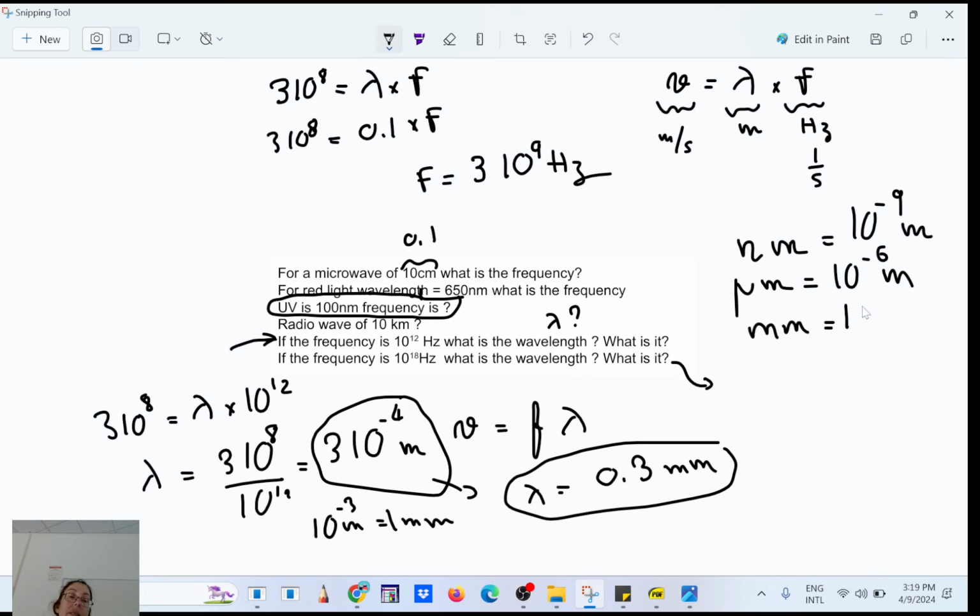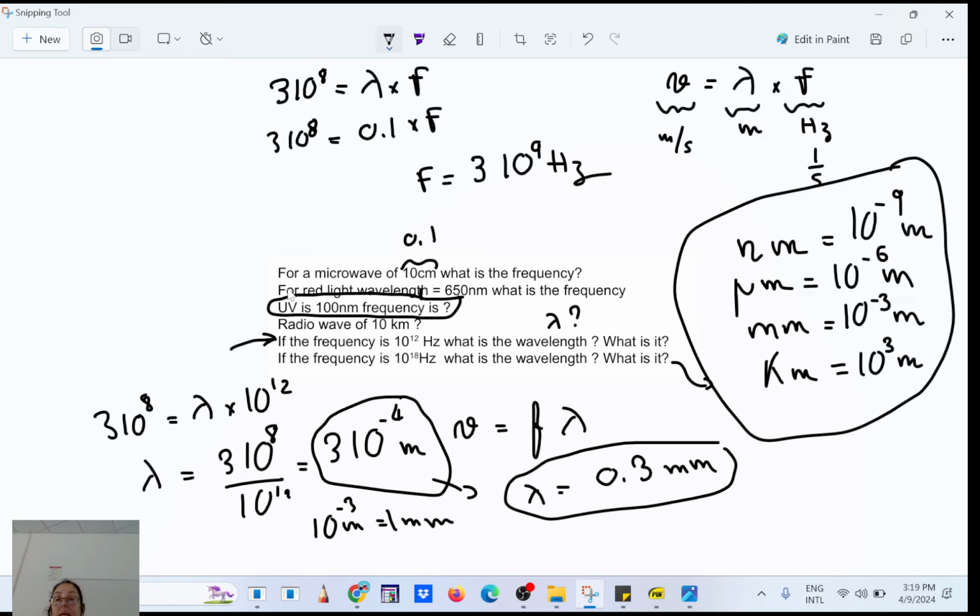Millimeters means 10 to the negative 3 meters. Kilometers means 10 to the 3rd meters. Okay? So UV, the wavelength is 100 times 10 to the negative 9 meters.